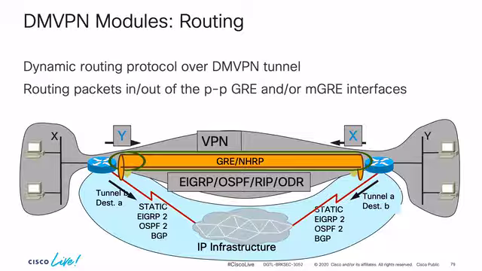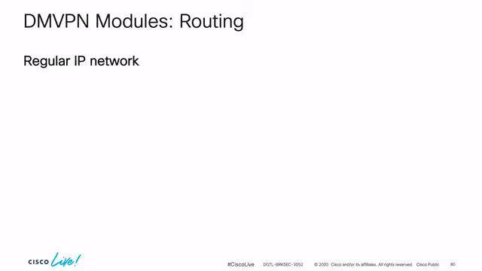I'm not going to go into a lot of detail, because the show commands and debug commands for routing are the same as what you would use within a regular IP network. There's nothing very specific you need to do for the DMVPN network.